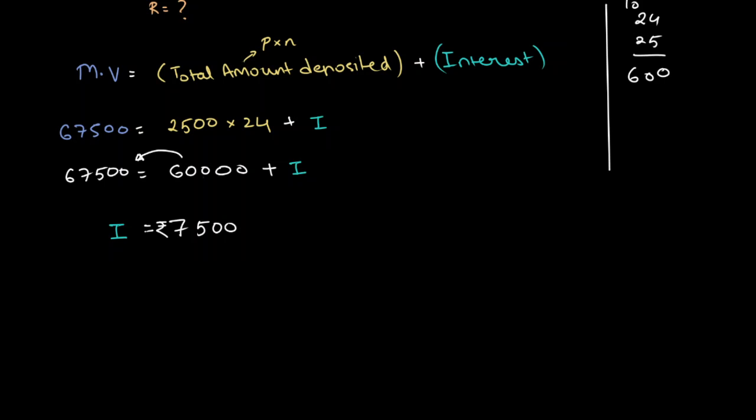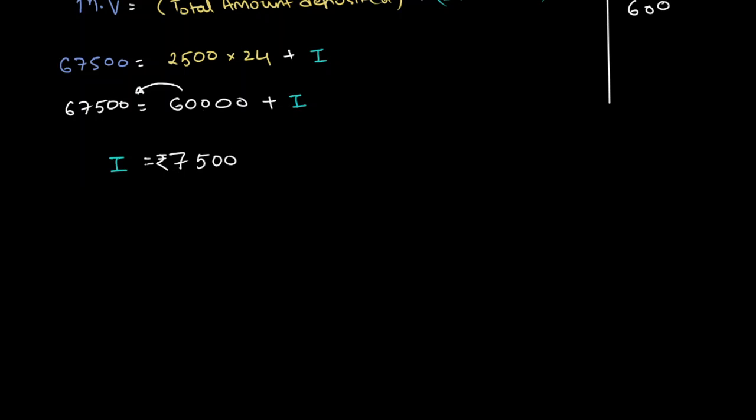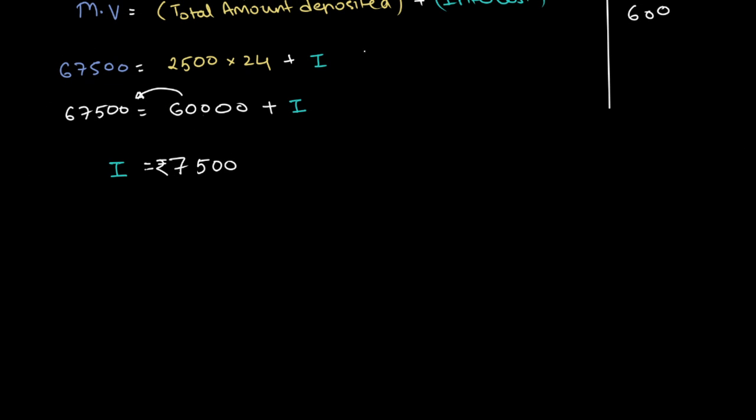Next, I also need to find the rate of interest. And for that we have two options. Either I can use the formula for maturity value, the entire huge formula, or since I already know the value for I over here, I can use just the formula for I, which is P into N, N plus 1 upon 2 into 12 into R upon 100. If you guys remember, that's the formula for I, and we know this value is 7,500 rupees. So I'll just plug in the values that I already know.